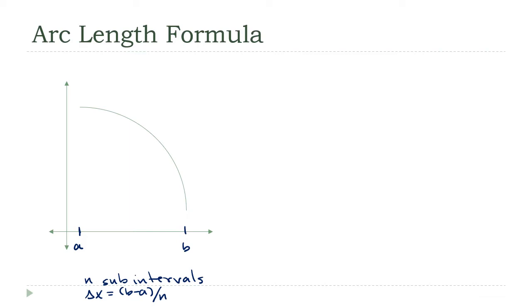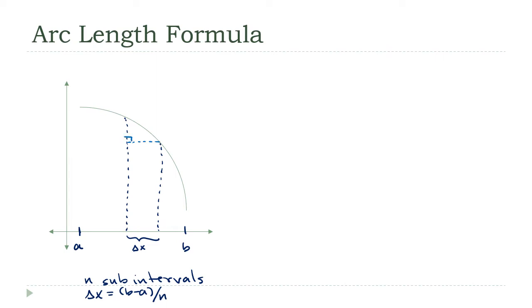Right, so let's say we're looking at an interval here, and I'm actually going to draw this to be a fairly large interval, just so you can see what I'm doing. Right, this is delta x, and what I'm going to do is draw a right triangle in here.